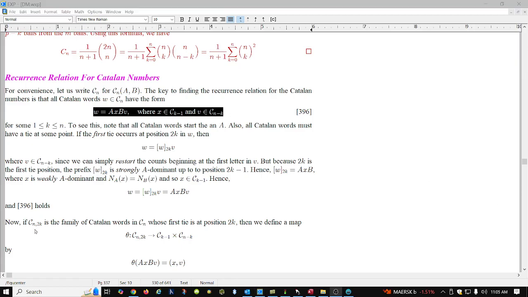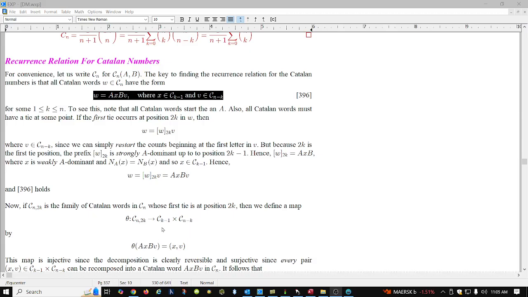Now, if Cn,2k is the family of Catalan words in Cn whose first tie position is at 2k, then we can define a map. And the map just takes W and strips away A and B, and leaves X and V, and we put it in an ordered pair.